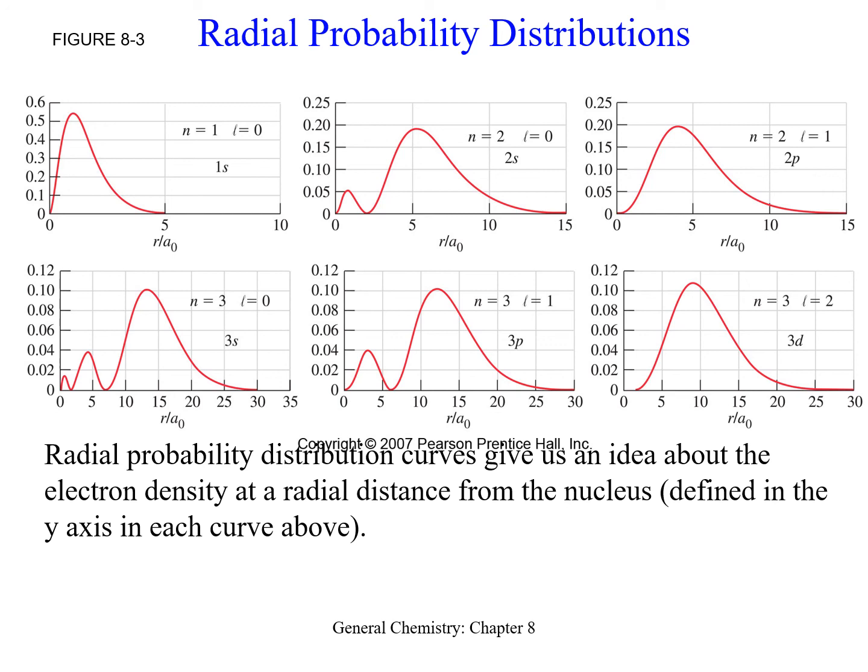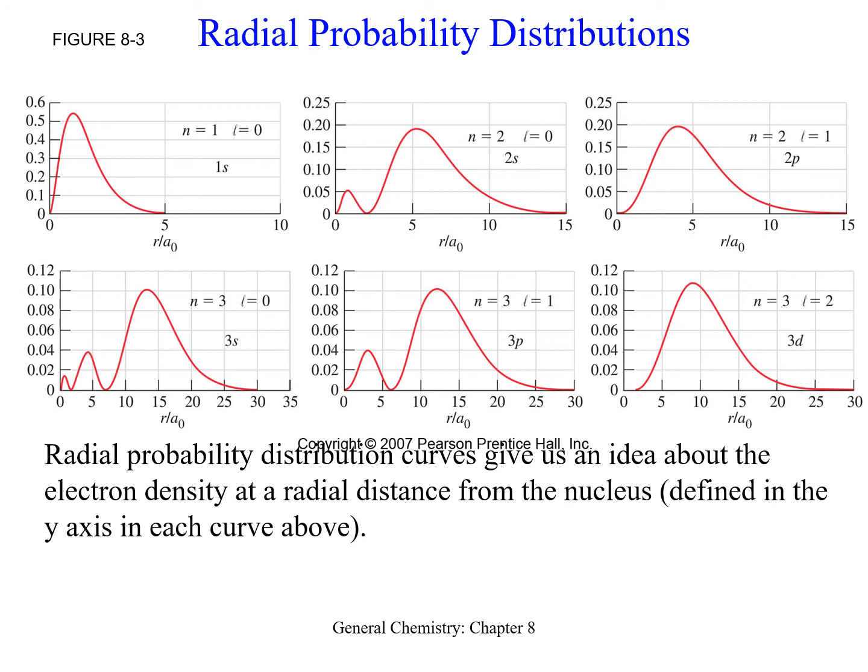Okay, and so looking at the 1s orbital, where n is equal to 1 and L is equal to 0, you can see that the electron density map shows a radial probability fairly close to the nucleus. And we won't worry about what these units are. Just keep in mind relative distances as we go.